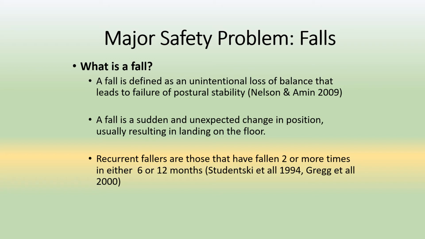A fall could be a sudden and unexpected change in position, usually resulting in landing on the floor for older adults. Recurrent fallers are those that have fallen 2 or more times in either 6 or 12 months, according to the criteria by Studinsky in 1994 and Gregg in 2000.